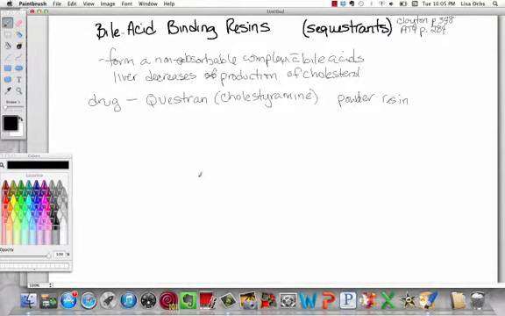Some adverse effects. Most of the adverse effects with this drug are GI. Because it's basically absorbing all this excess stuff going on, think of it as kind of soaking up all this excess bile acid and cholesterol. It's going to bind the person up, so it's going to cause constipation.